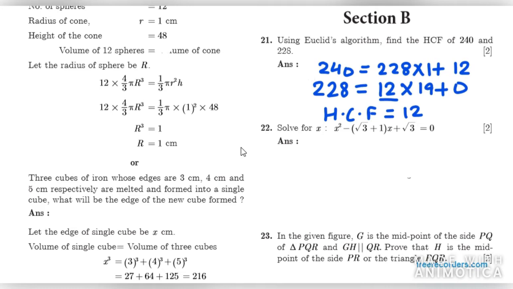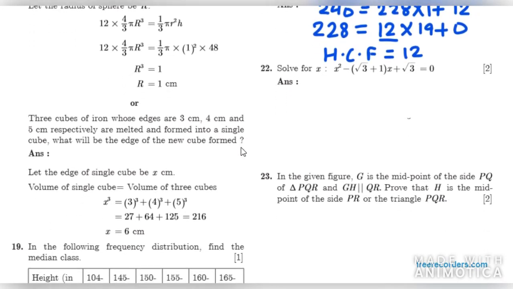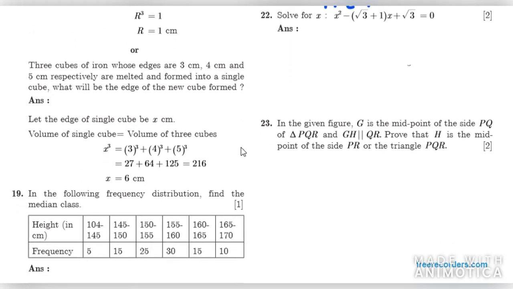Now moving on to next question. It says solve for x. Now the equation is given. Now we need to find the value for x in this. So let's first expand this bracket. So it will be x square minus root 3x plus minus x. Then in the last we have under root 3. Now we don't need to do any middle term splitting as it is already split.